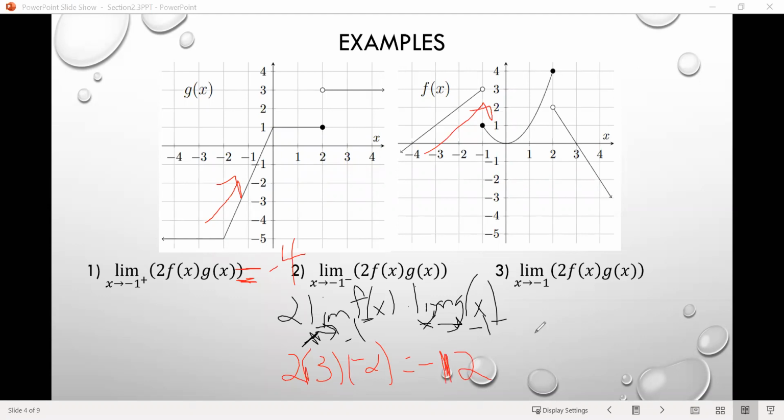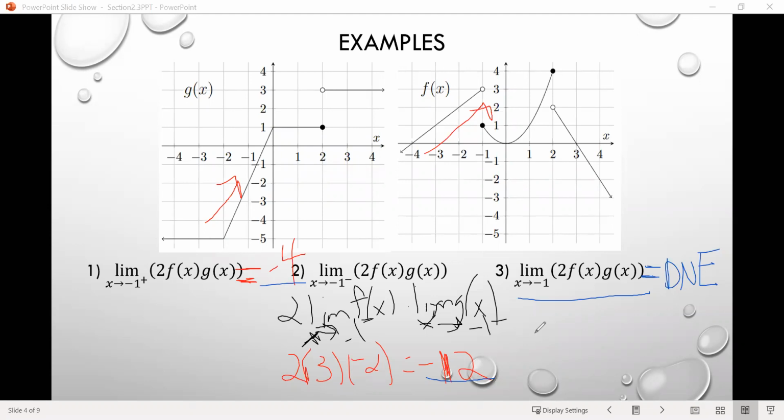And notice in this case, the limit we got from approaching from the right-hand side is different from the limit we got from approaching from the left-hand side. So what do you suppose that tells us about the general limit here, about approaching -1? You guys are right. In this case, it does not exist because it's different from both the left-hand side and the right-hand side.